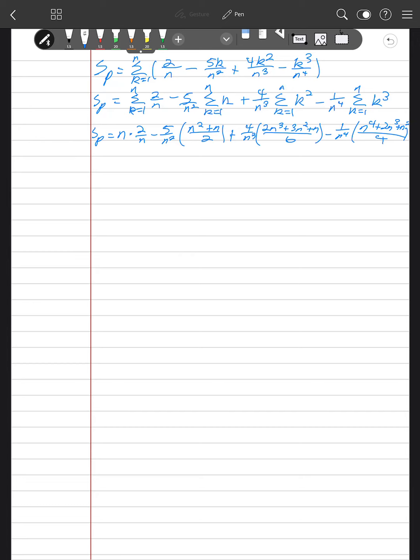And so now we can multiply all this stuff out. So S sub P equals, n's cancel, we just get 2 minus, so multiply this all together.